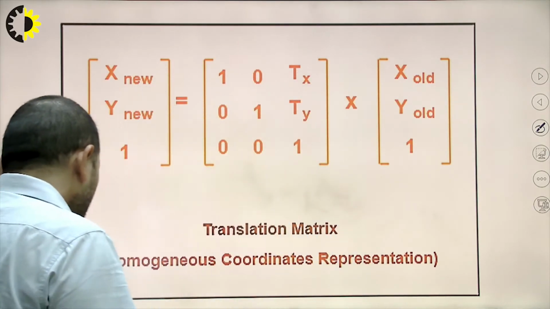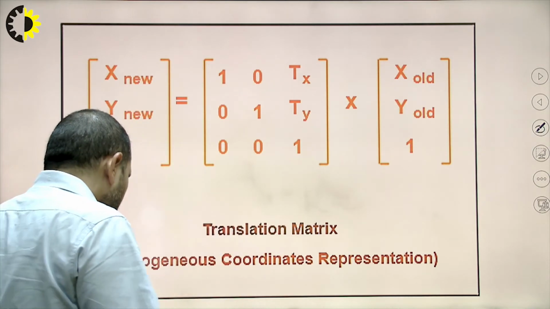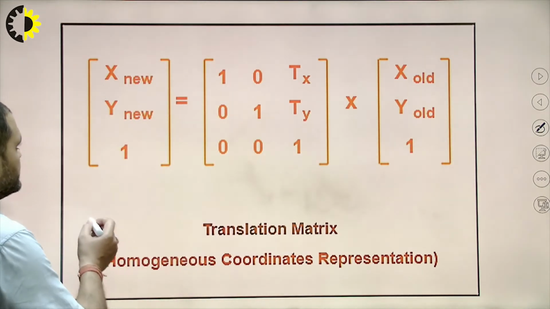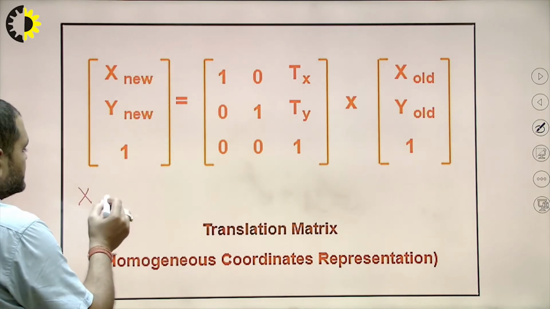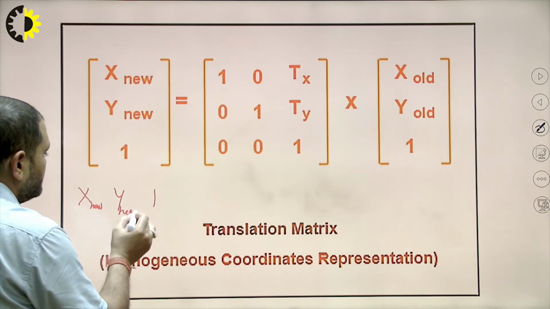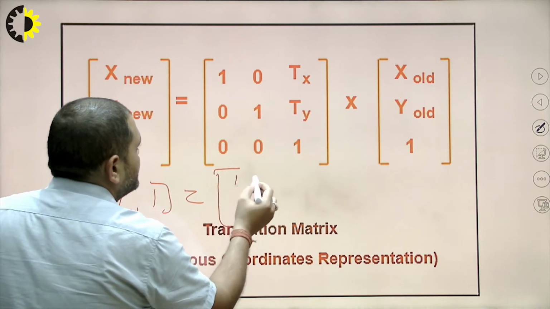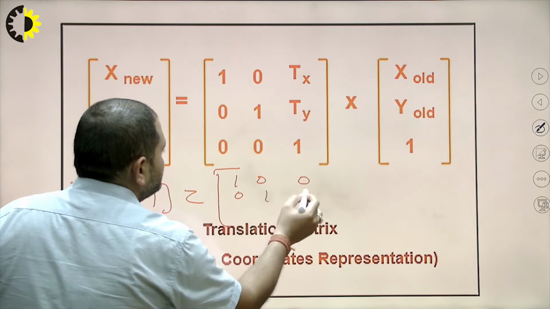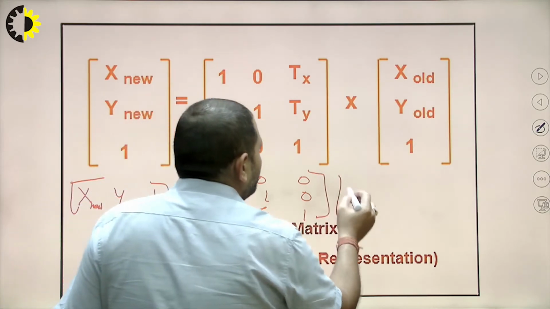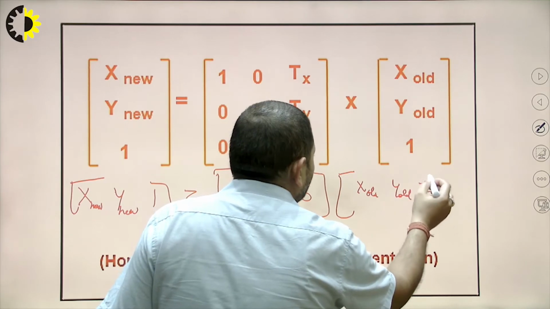We can also write this in the form x new, y new, 1 equals the matrix 1 0 0, 0 1 0, tx ty 1, into x old, y old, 1.